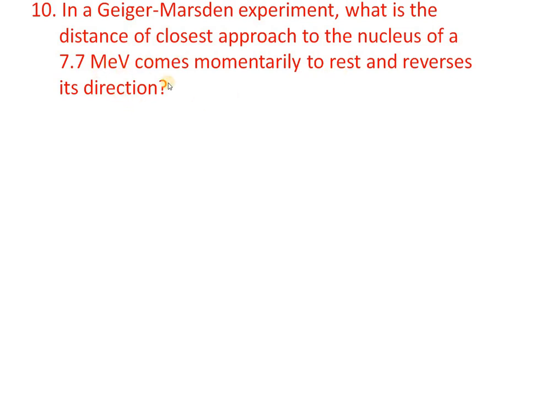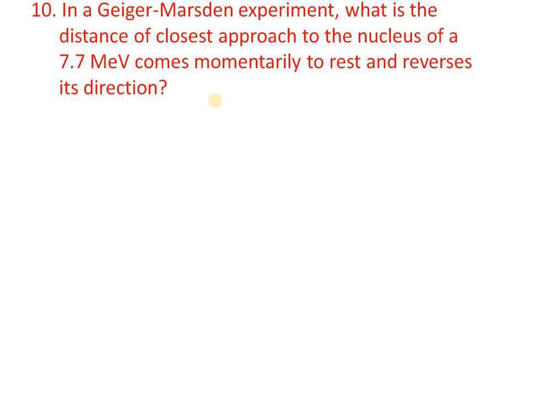Now, as we have seen, there is a formula for the distance of closest approach in the alpha particle scattering experiment for head-on collision. The alpha particle is directed towards the nucleus. Its speed decreases, it comes to rest, then it reverses its direction.